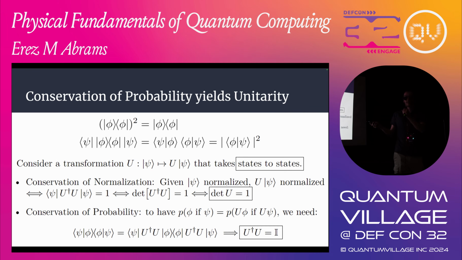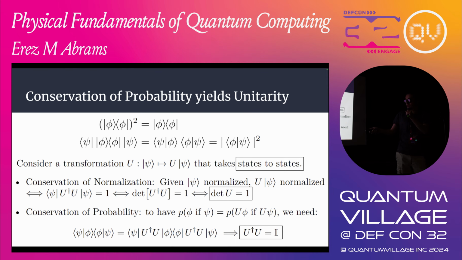And we want to see the properties of these operations. So first off, we said it takes normalized states to normalized states. So this means that we need this normalized inner product to be 1, which means the determinant of U dagger U is 1, which means that the determinant of U is 1. And then now we can tackle conservation of probability.